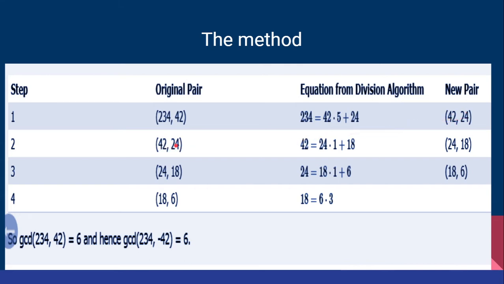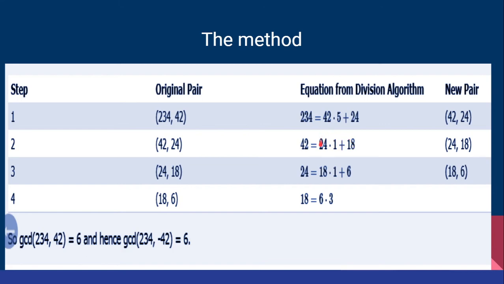With 42 and 24, you have to find out how many times 24 goes into 42. So 24 goes one time in 42. 24 ones are 24, plus 18 is equal to 42. So the dividend is given as the divisor into quotient plus remainder.